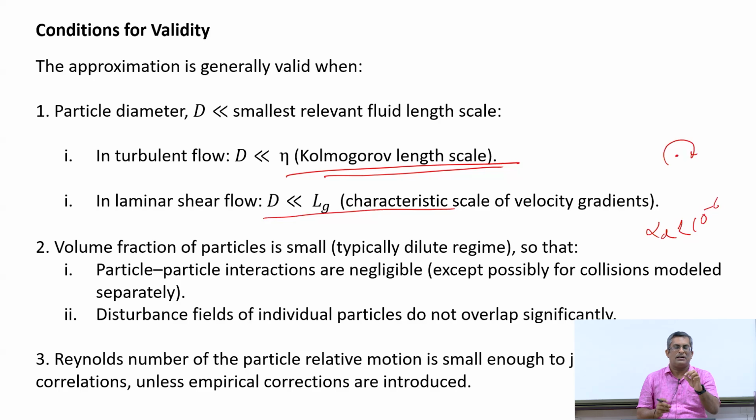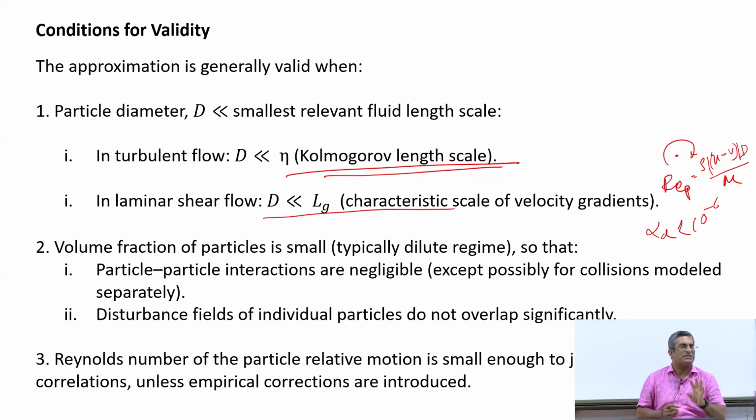So, if we calculate, for example, the Reynolds number of the particle, how do you calculate it? Rho times relative velocity times d by mu. If you calculate it, this will be of the order of 1 such that Stokes drag is valid.